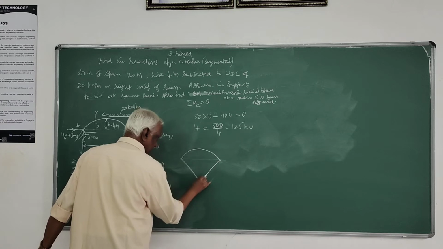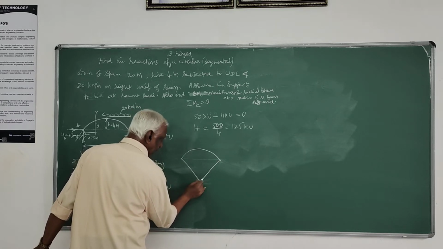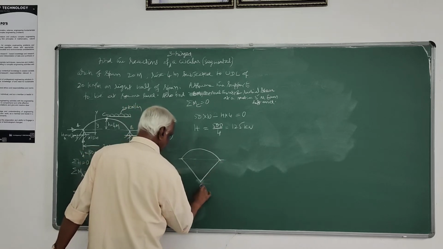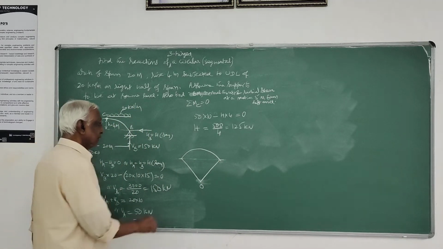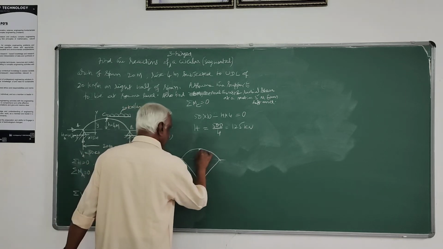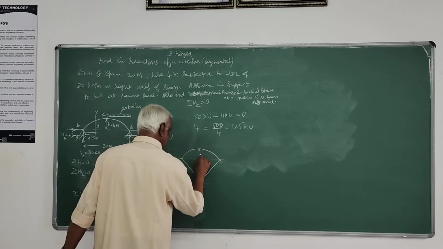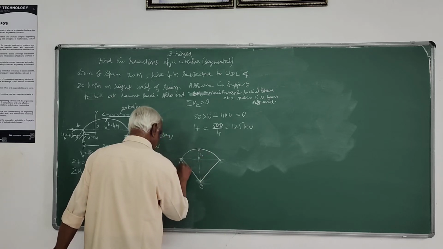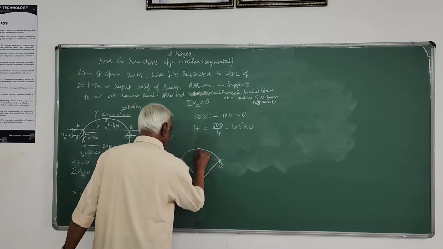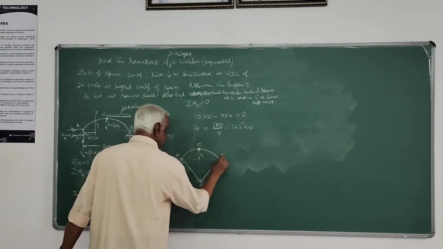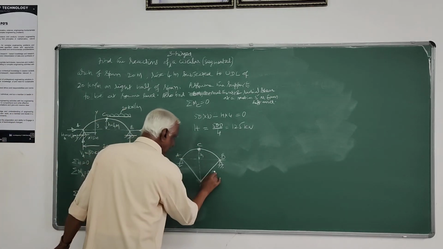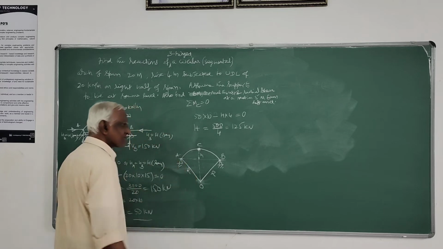So let us assume this segmental arch has its center at O. You take this as R, this is H, this is A, B, C. You call this R the radius of the arch.